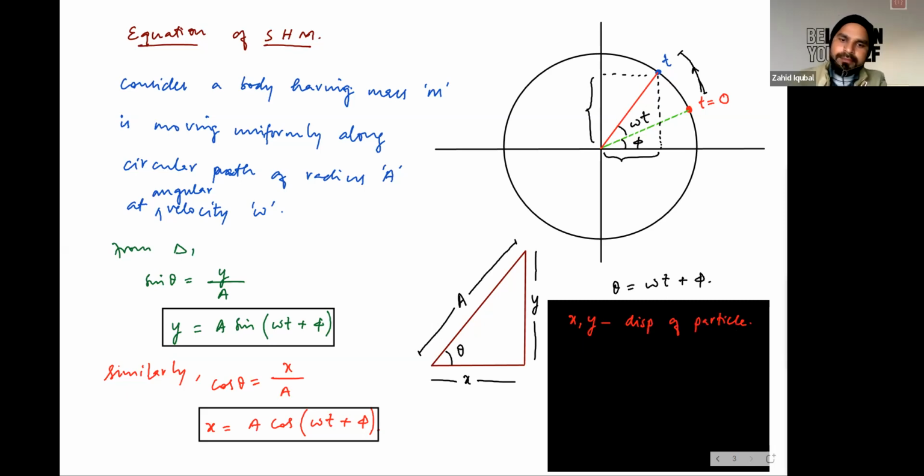A is the maximum displacement, which is also called the amplitude.